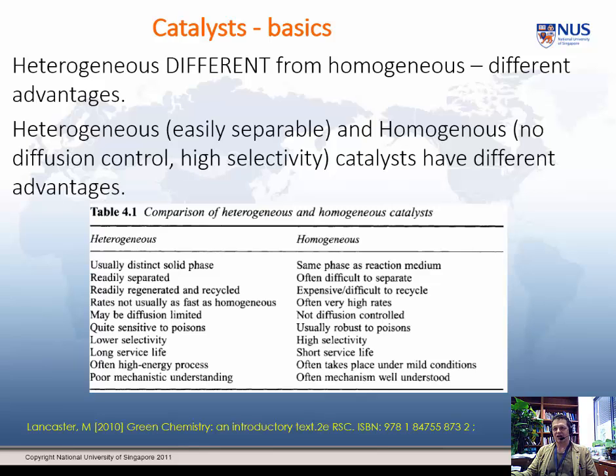But there are disadvantages. You have diffusion control, you have other rate determining processes apart from the chemistry. The homogeneous ones don't have diffusion issues because they're spread right throughout the reaction mixture. But of course, then you have to get them out afterwards, especially if they're fairly nasty.